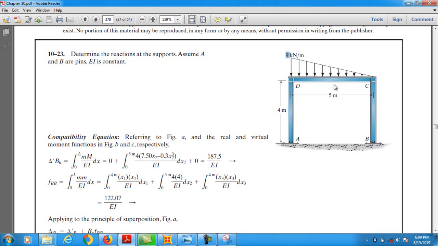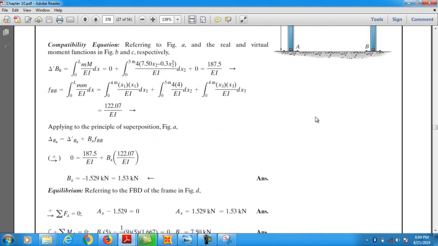Then at a distance of 5 meter, in another column you insert distance equals 5 meter and load value equals 0, and in column 3 basically leave it. You don't need to use column 3, and just click OK. So you will see your load is assigned, and then you just need to run the analysis.